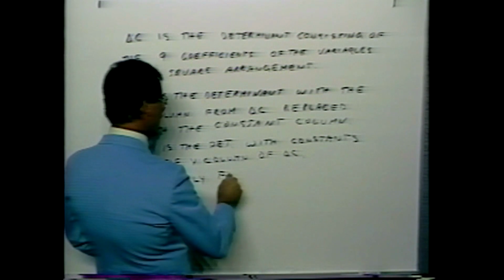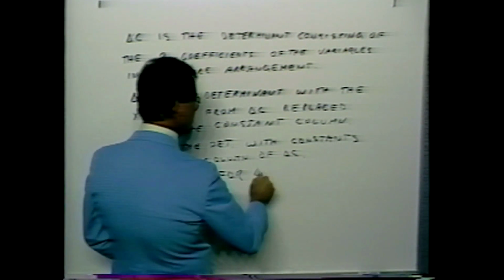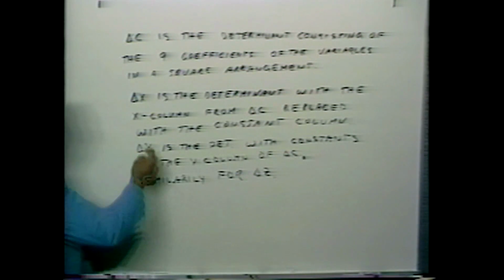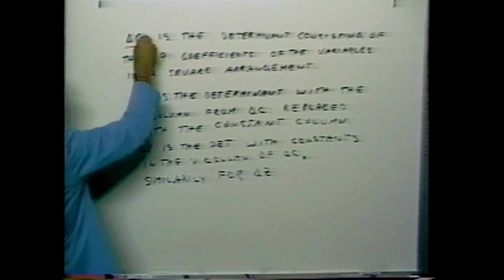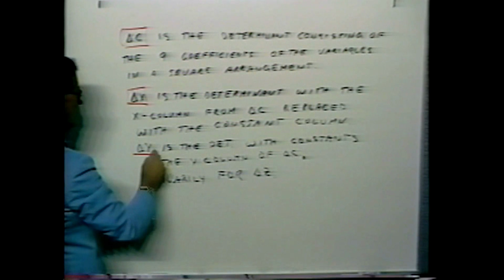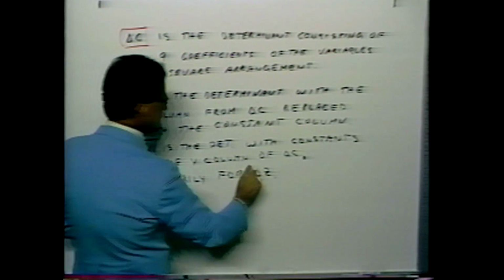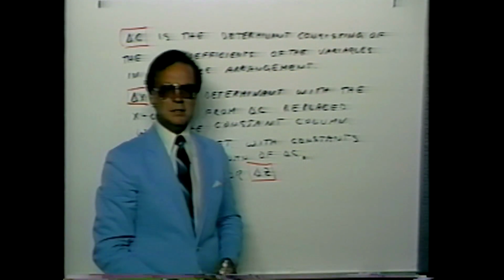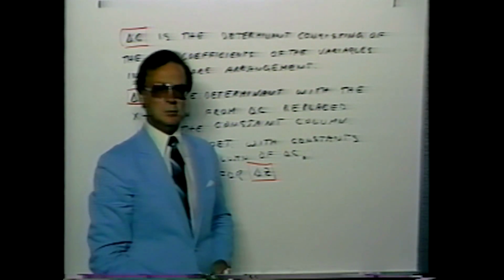Similarly for delta z. So there we have delta c, delta x, delta y, and delta z. All these determinants are numbers.